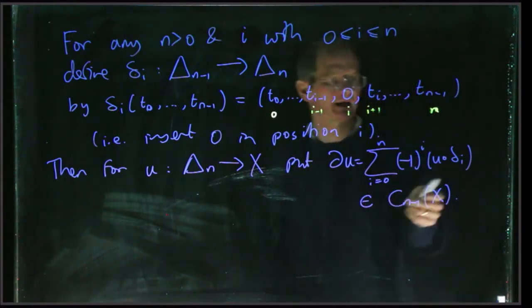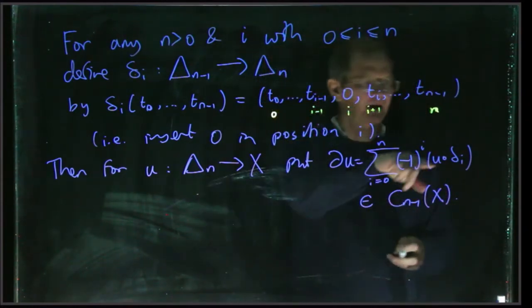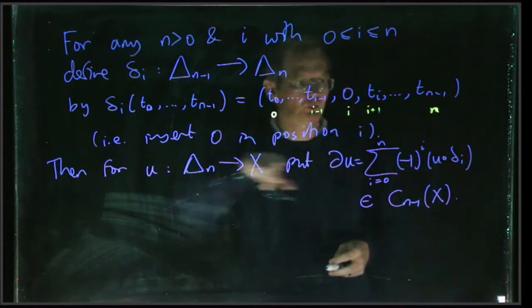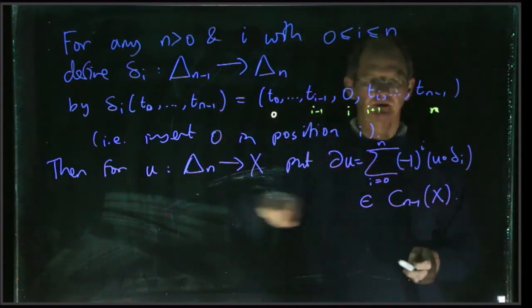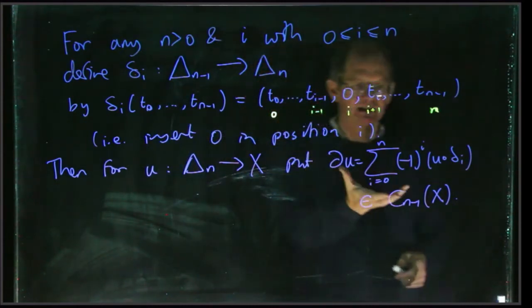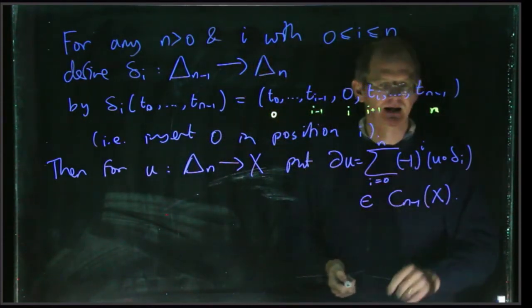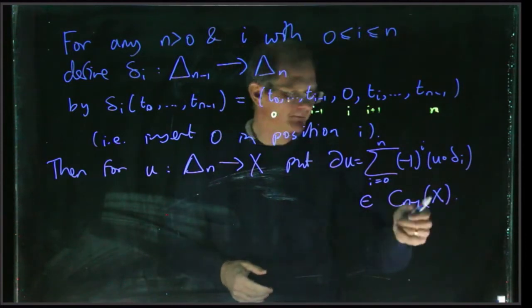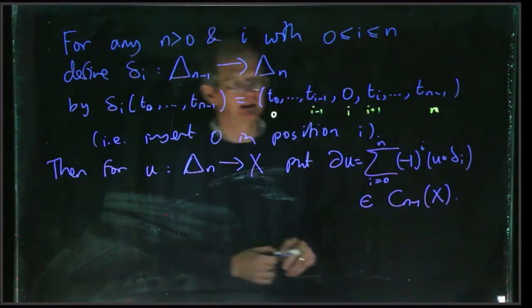For each i, I can compose my u with this map delta i here. So u composed with delta i will be a map from delta n minus 1 into X. And so we take a linear combination of such maps. That counts as an (n minus 1)-dimensional chain, like so.